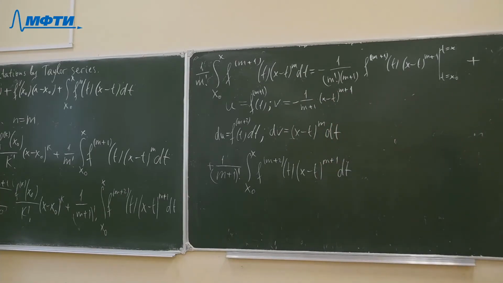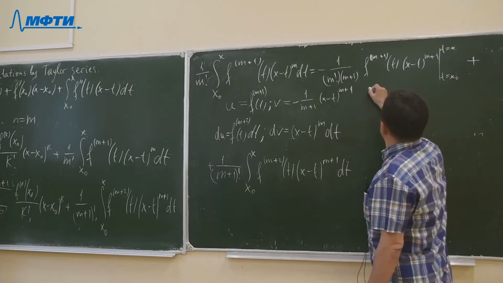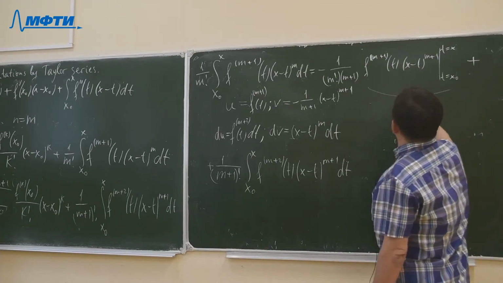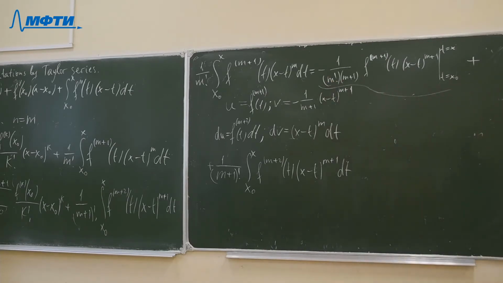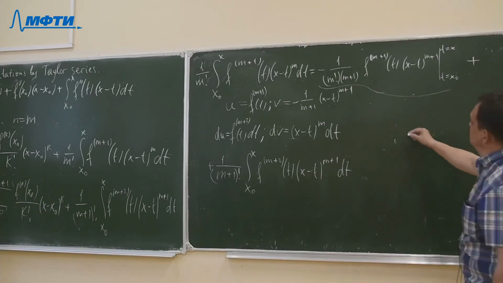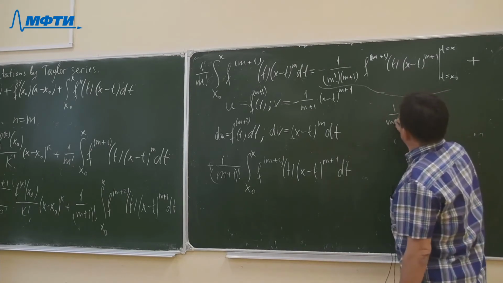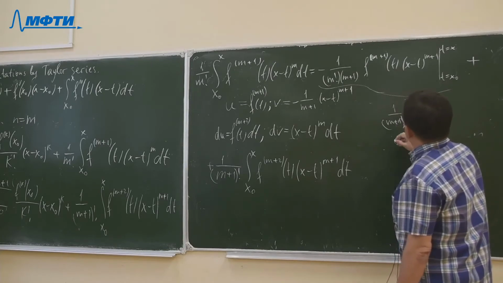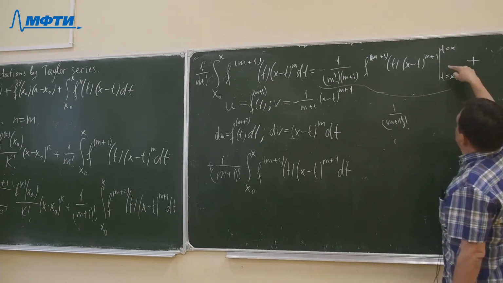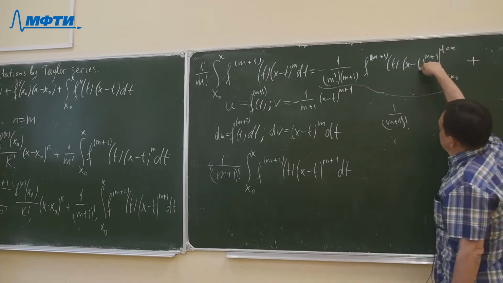So the only thing that remains is to observe that this expression, the substitution, gives immediately 1 over m plus 1 factorial times, so we substitute t equals x, we obtain 0.